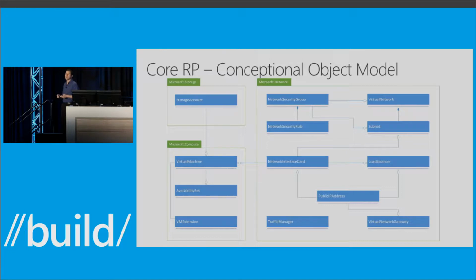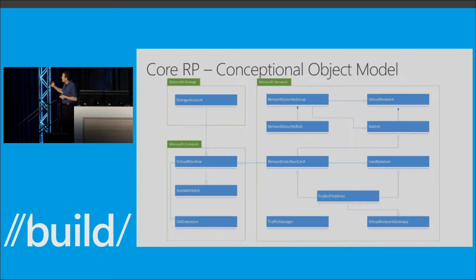With IaaS, there's a little bit more control. You get your VMs, you get affinity groups, and you get a cloud service still. And you can specify the DNS on the cloud service. What that doesn't really allow you to do very well is to decompose that and only create what you want to create. So with this new model, we've decomposed all of these relationships into a completely modular framework.